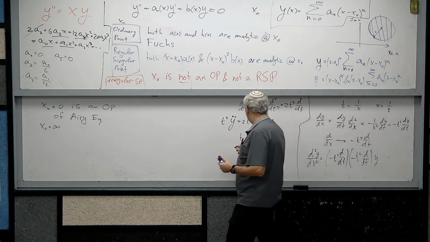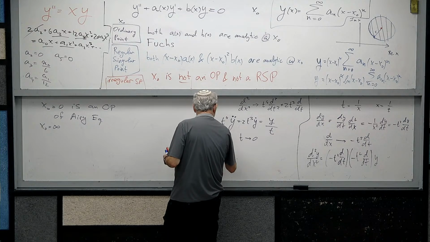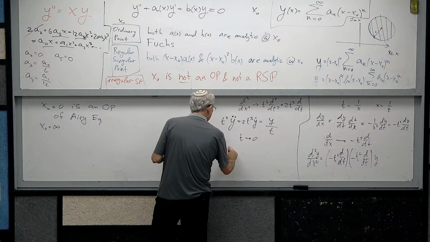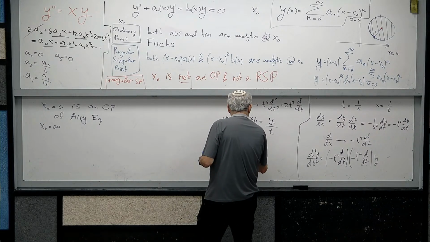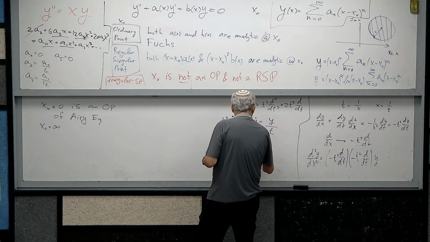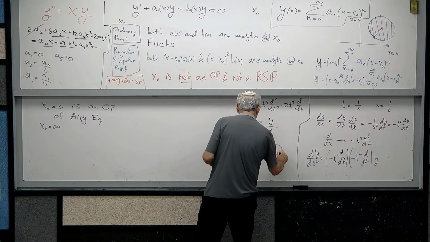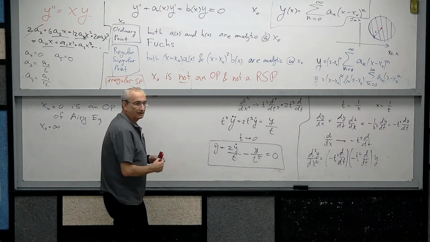Okay, we can write it as y double dot, we divide by t to the 4, plus 2 y dot divided by t, minus y divided by t to the 5 is equal to 0. Right?